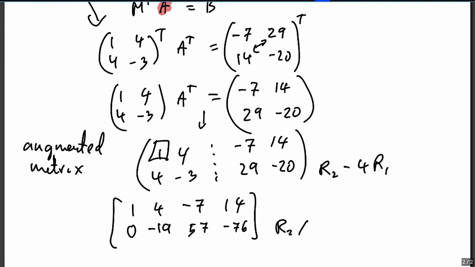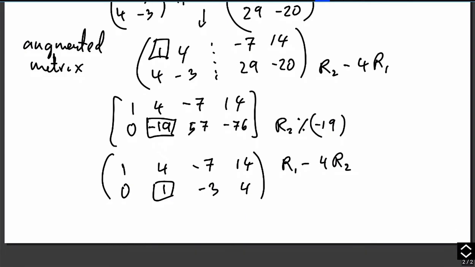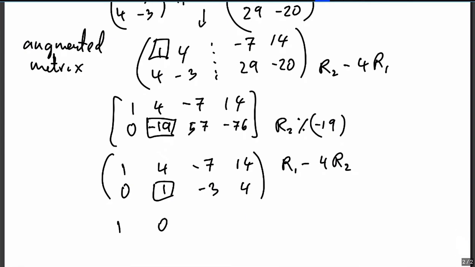Then row 2 is divided by minus 19 to get 1 in this pivot entry. Then we get minus 3, 4. And then row 1 will be row 1 minus 4 row 2, using this as a pivot again. So this is 1, 0, 12 minus 7 is 5, and minus 16 plus 14 is minus 2.